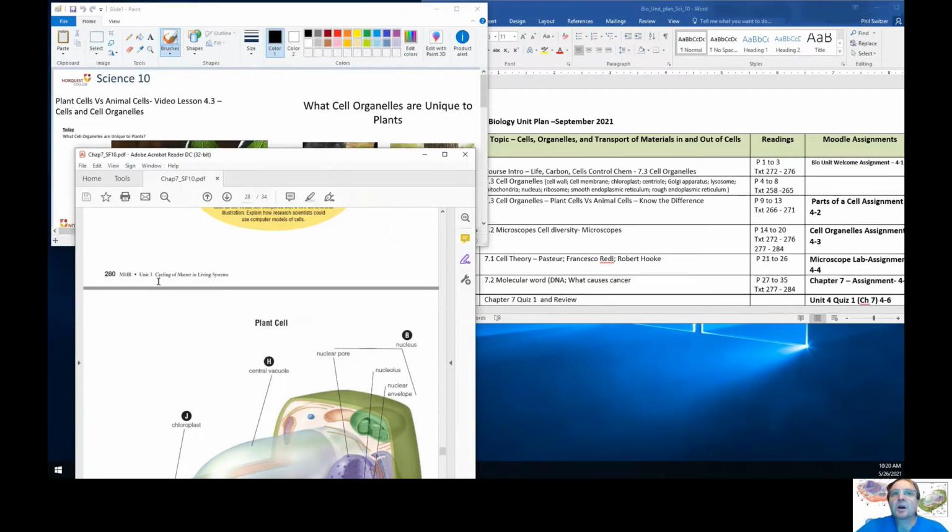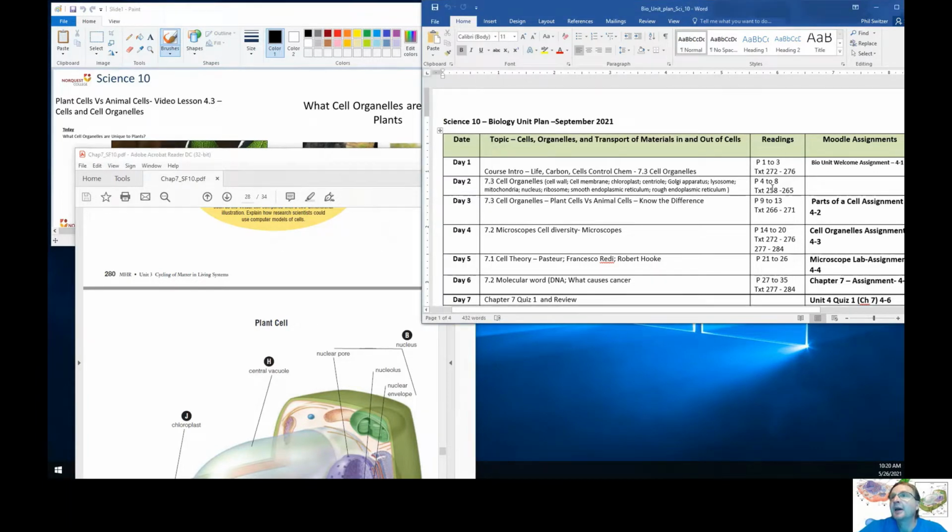Again, the textbook is optional, but we're at about page 280. And here we are in the plan. We're just finishing off cell organelle parts, so you can start that assignment after this lesson. Also, make sure to be doing the reading in the course readings, because there are questions in there that you'll need to answer as well. So there are questions in the readings, you watch the videos, you do the assignments.